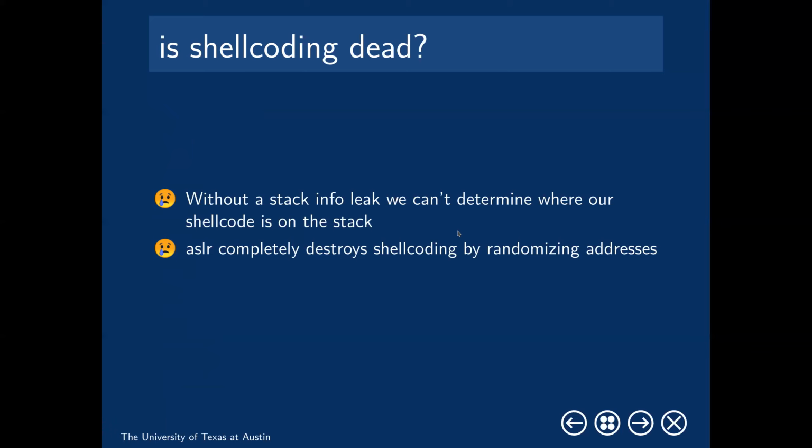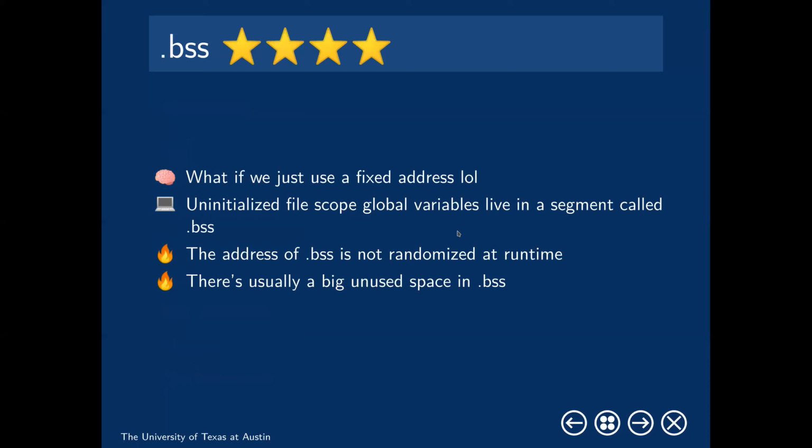So shellcoding, in fact, is not dead yet because of something called .bss. Instead of putting our shellcode on the stack, which is a randomized address, we could just put it at a fixed address. It's just that easy.